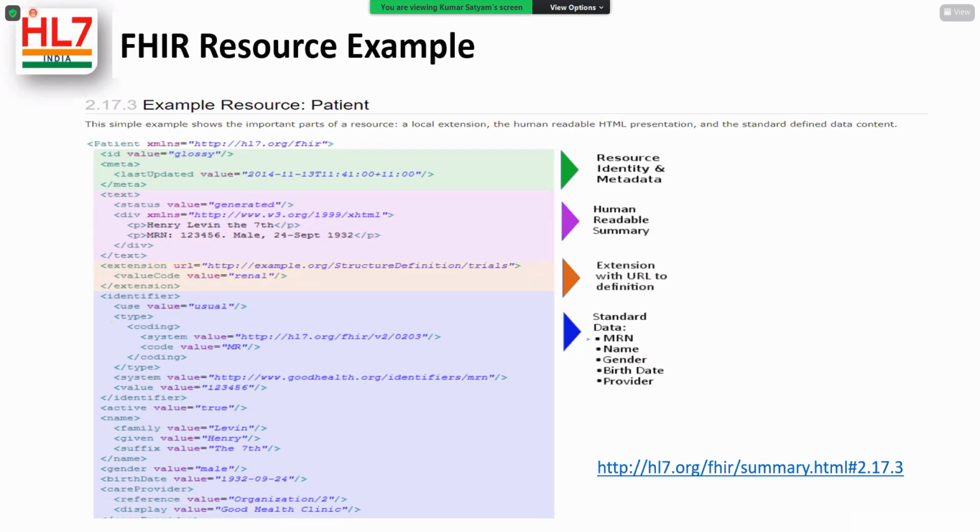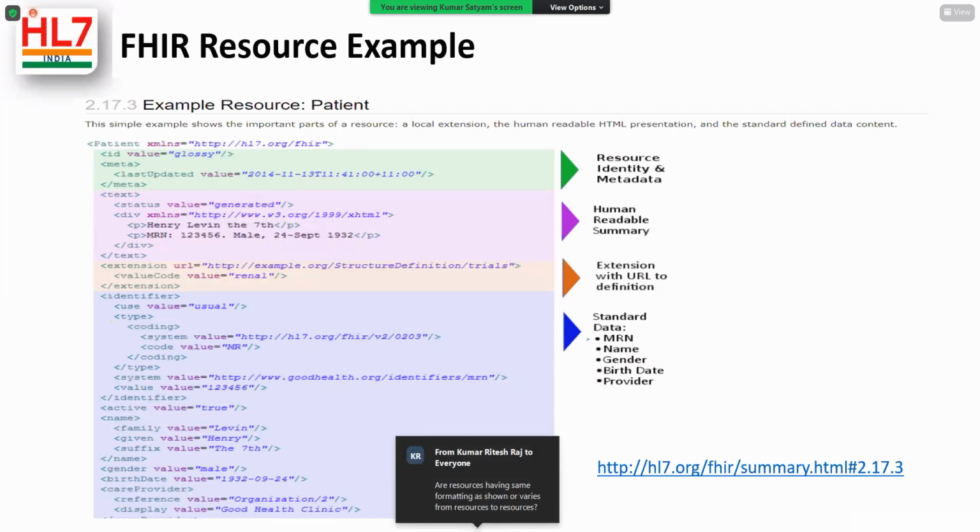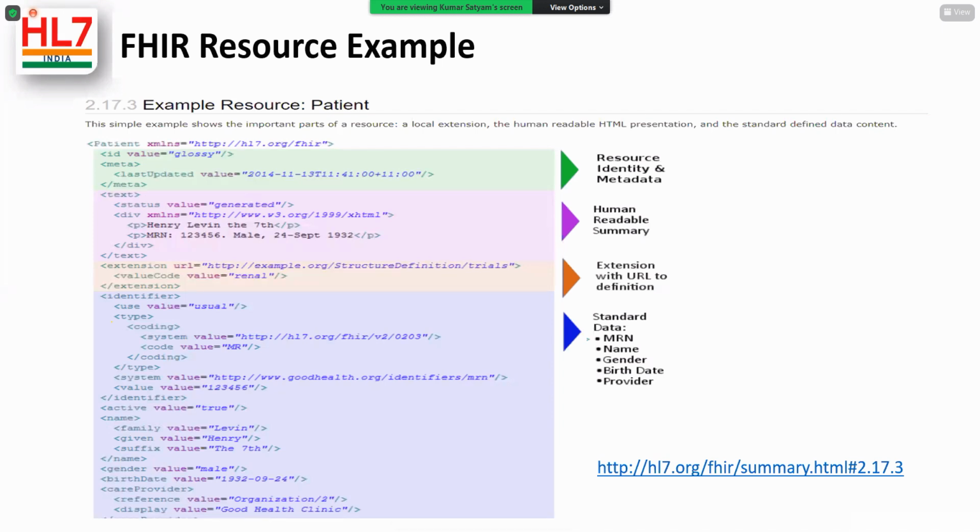Resources have metadata, resources have identity, resources may have human readable text, resources may have structured content, right? So resources contain metadata, text narrative, and structured data elements.